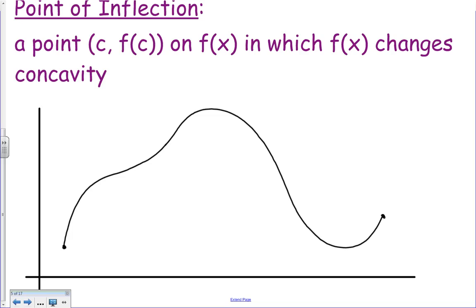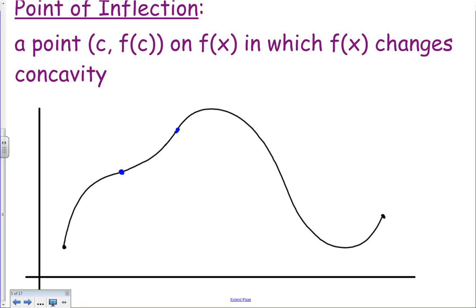First of all, let's go through and mark a couple of key points here. I can see that my graph starts out concave down until about right here, and all of a sudden it changes concavity there. And then it's increasing for a little while here. It still is increasing, but all of a sudden about right here, it changes direction, and it's no longer concave up, it changes to concave down.